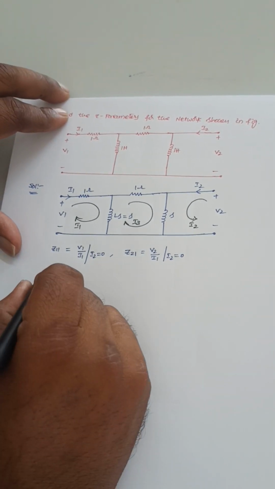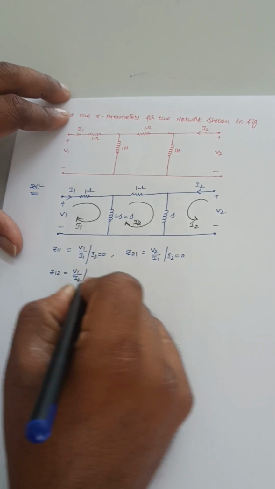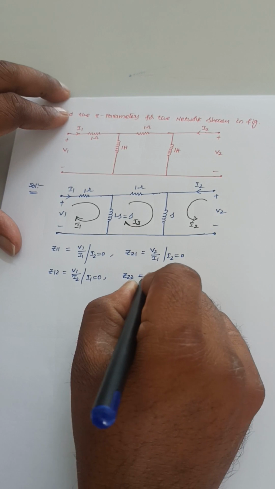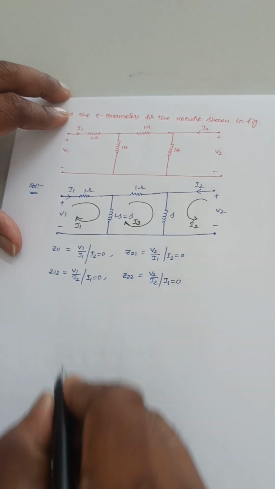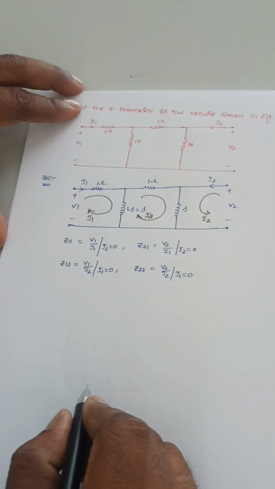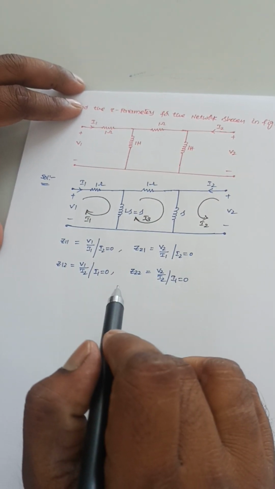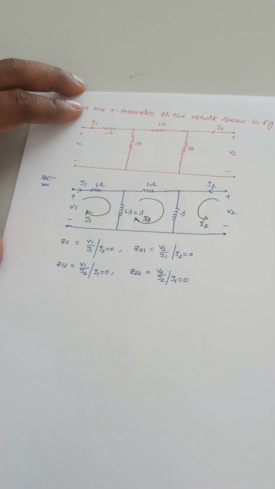Next, Z12 is equal to V1 by I2, I1 equal to 0. Z22 is equal to V2 by I2 at I1 equal to 0. Now let me write the mesh equations for these 3 loops here. After that I will try to find these Z parameters.